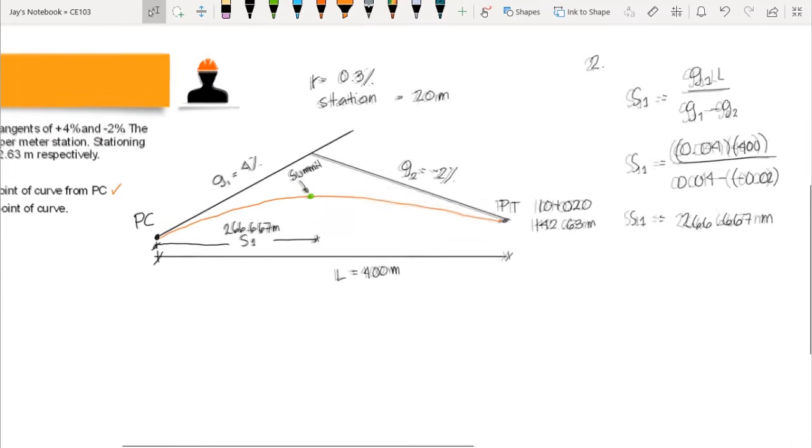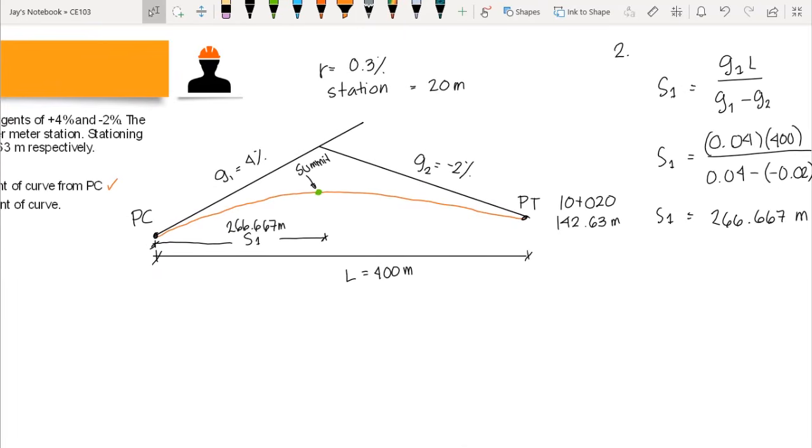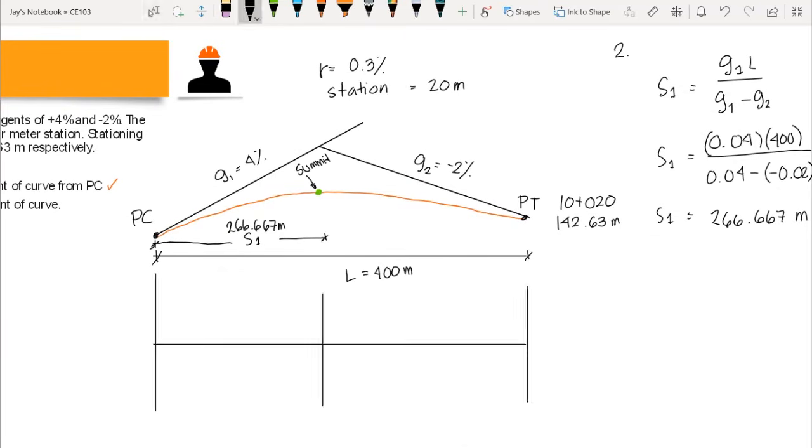If you want to draw the grade diagram, basically you just need to plot that on our diagram. To plot, we start at PC. We know PC has a grade of 4%, so we go up, that is positive, 0.04, and then at PT we have negative 0.02, so we go down.